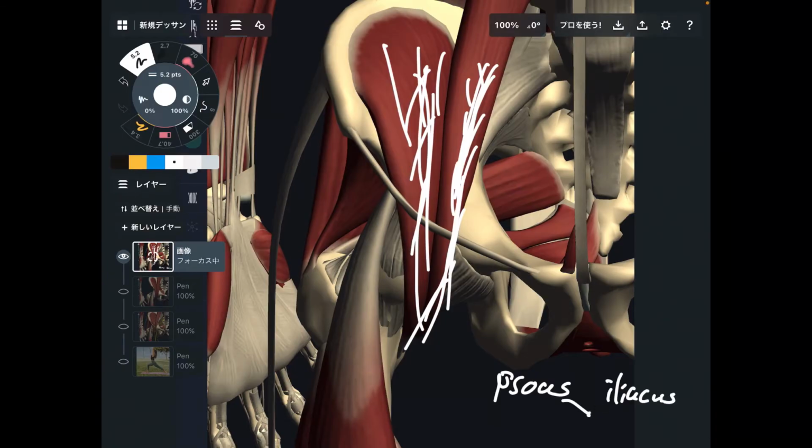Sometimes these muscles together are called iliopsoas. If you want to talk about lumbar movement and pelvic movement, you should separate psoas and iliacus. But I am talking about anterior hip pain, anterior hip anatomy. Thus, you can combine iliopsoas as one muscle.